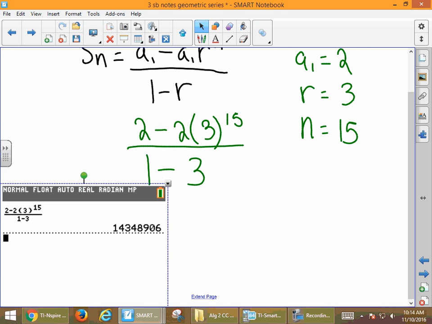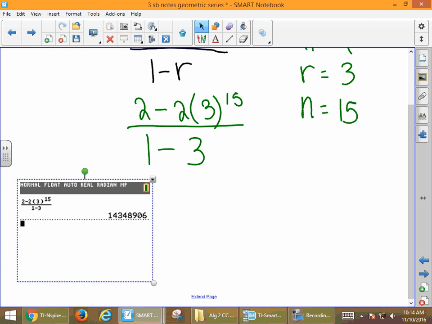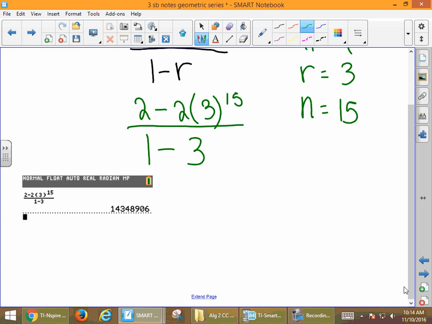And if you've been keeping up with your work, you're probably familiar enough now with finding these values. If we can identify what the first value is, if we can identify what the common ratio or the common difference is, if we can identify what n equals, then we can find our value. Okay? We'll talk later.